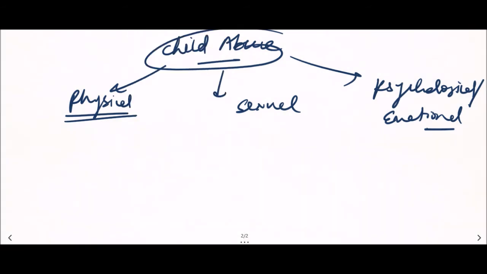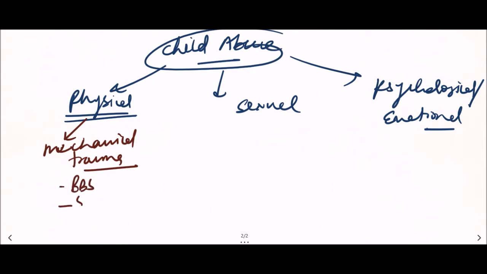Now this physical child abuse is further divided into various categories. Physical child abuse can be due to mechanical trauma. The two important examples of this physical abuse are the battered baby syndrome and the shaken baby syndrome. These are two broad examples of mechanical trauma.